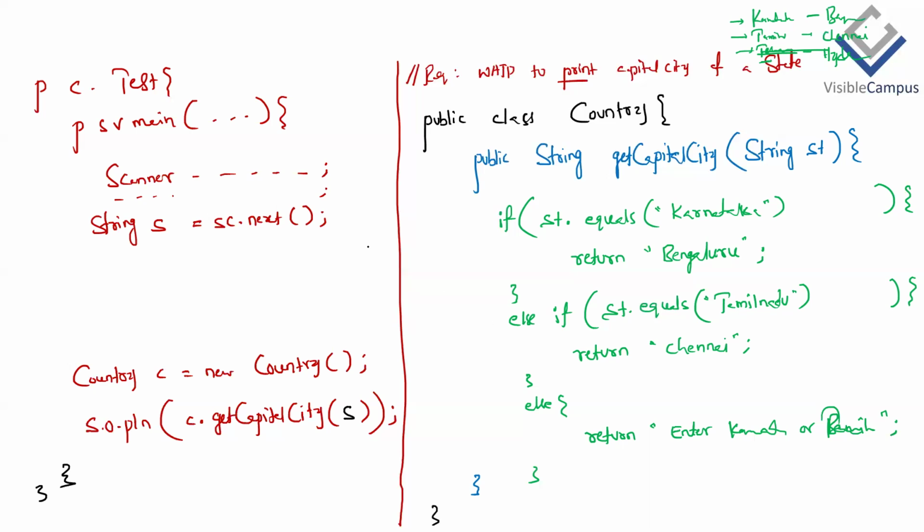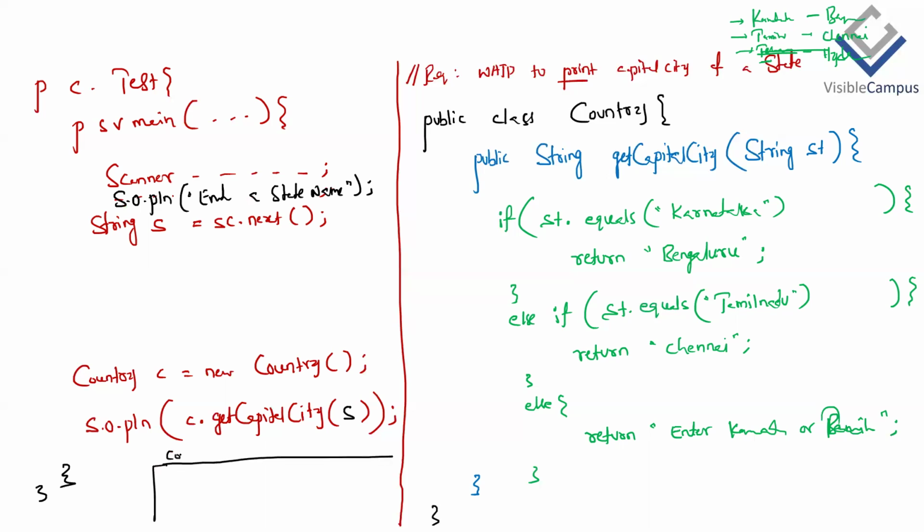Any mistakes? So here we will add the Scanner class object and all. Then here we'll add System.out.println to print "Enter a state name". This is one line of code. When the JVM executes this, we are going to get the first console prompt.